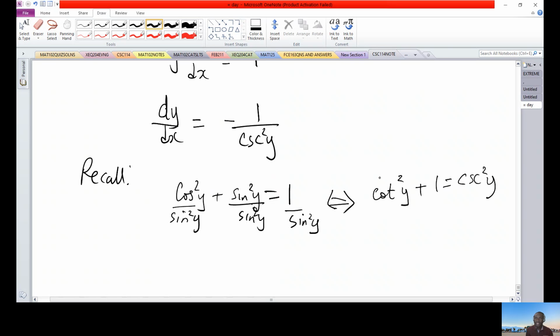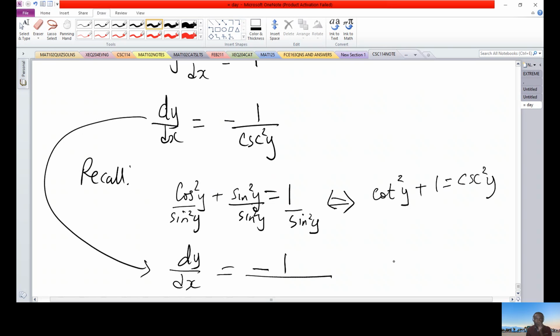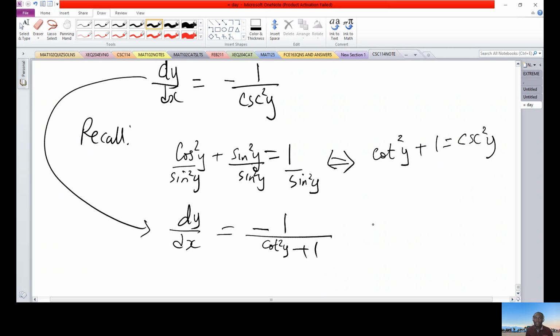So with this new identity, we rewrite our derivative as dy/dx equals negative 1 over, instead of cosec squared y, we write cot squared y plus 1. But remember, cot y is x, so cot squared will be x squared, and then plus 1. So this is what we get.